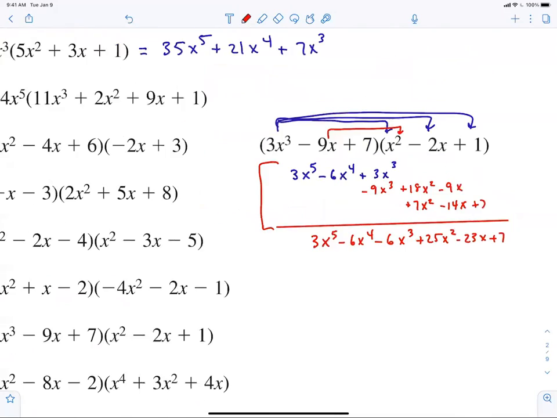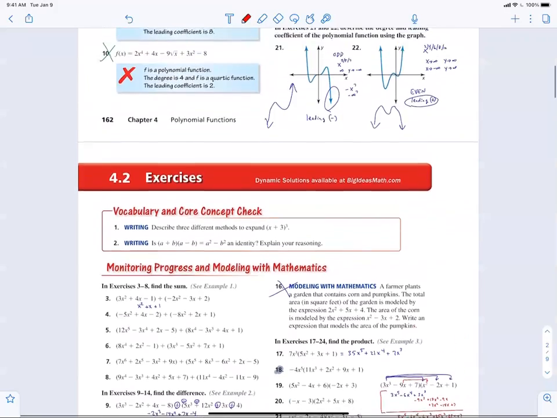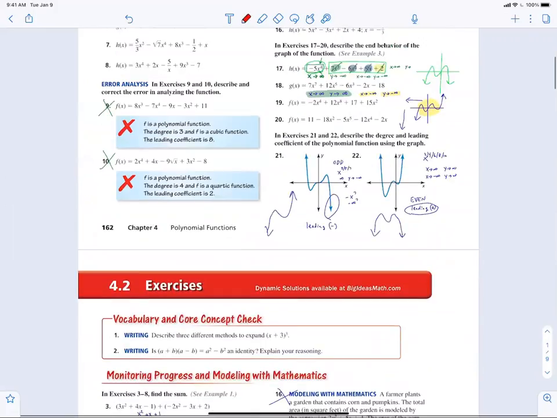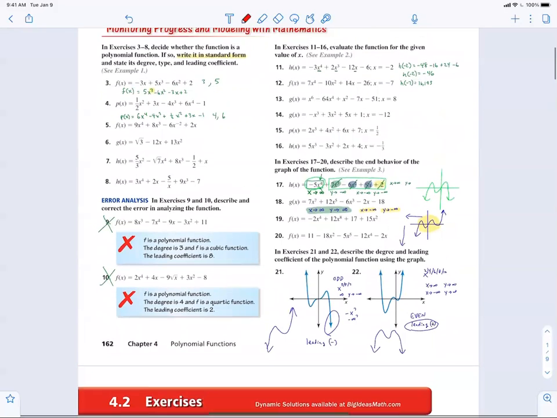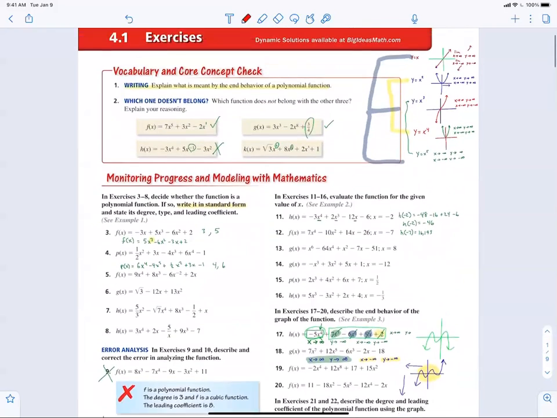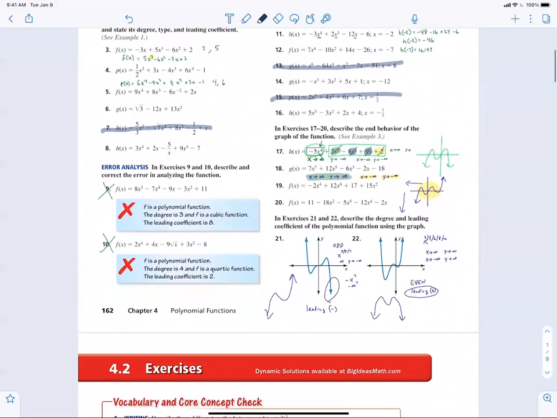All right. So we have 15 minutes, guys. Listen. Again, remember what I'm telling you. I'm trying to help you. All right. So what I want to do is let's do section 4-1. Let's go ahead and do 7, 13, 15, 19, 20.